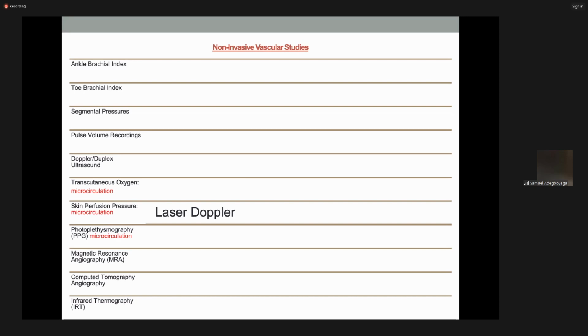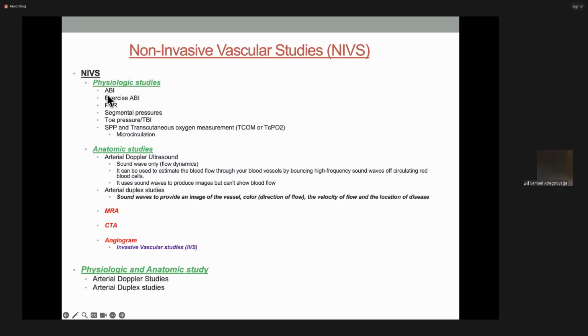It's called the PPG, photoplethysmography. PPG is very similar to a PVR, but the difference is this measures your microcirculation. So microcirculation includes your PPG, skin perfusion, TCOM, toe pressure, and TBI.